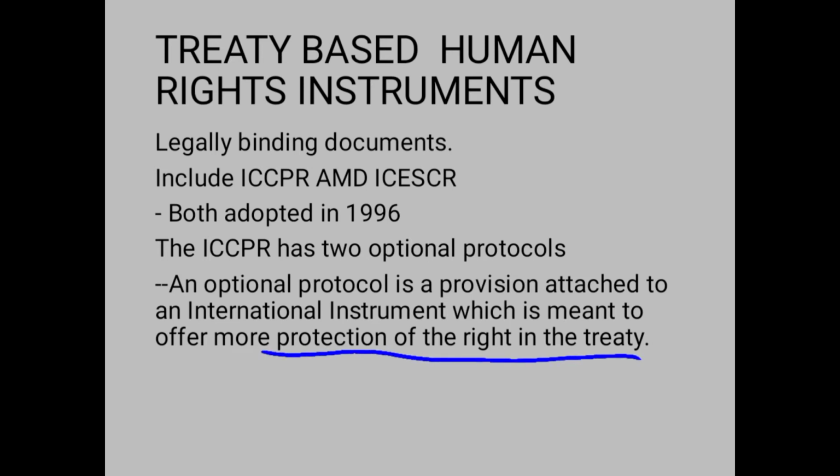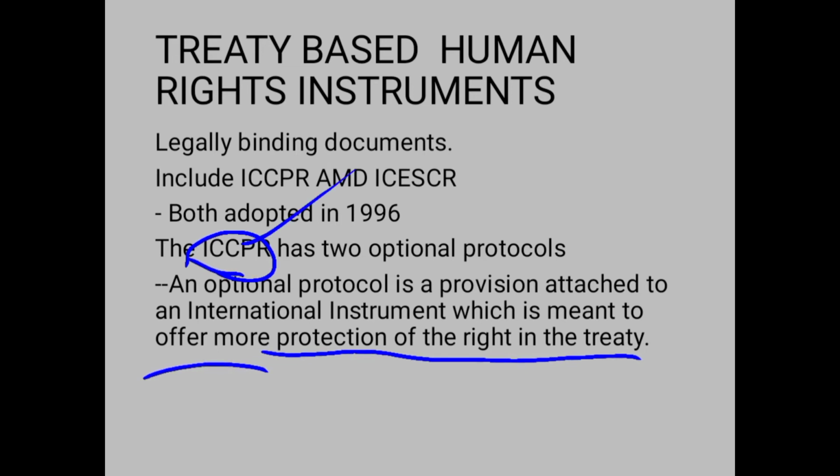So we have the treaty, which is here, the ICCPR, the International Covenant on Civil and Political Rights. Now, there is another provision attached to this treaty or instrument, which is provided to offer more protection of the rights that are in this instrument.